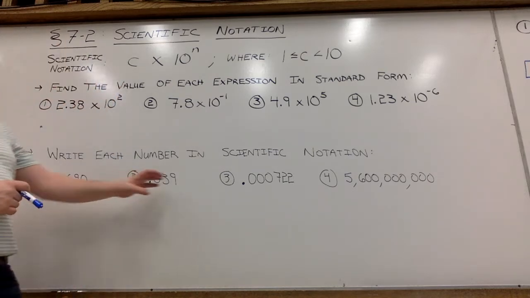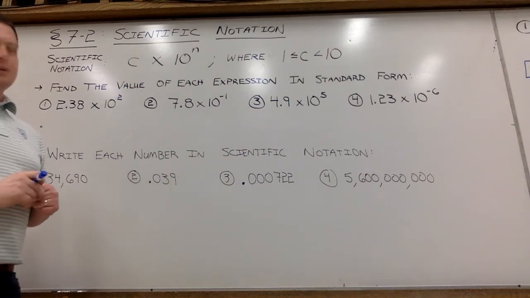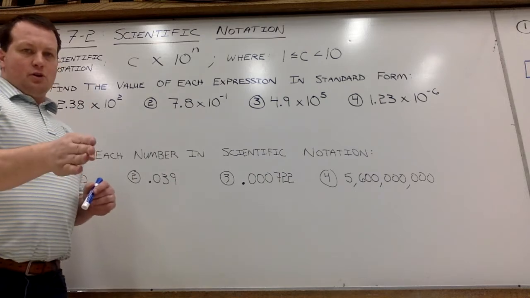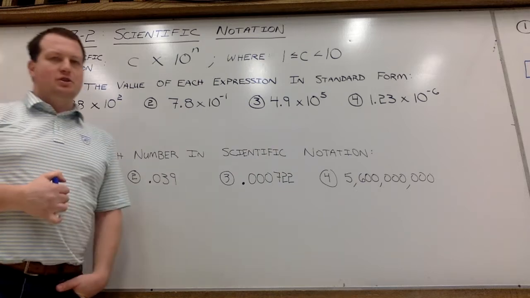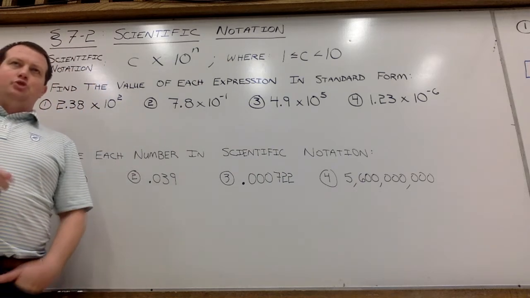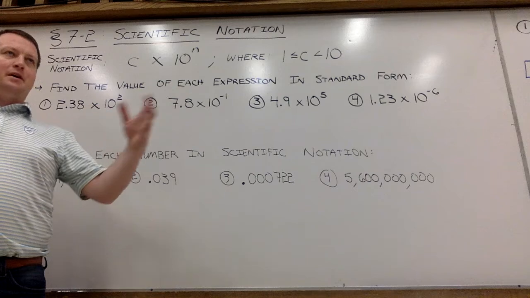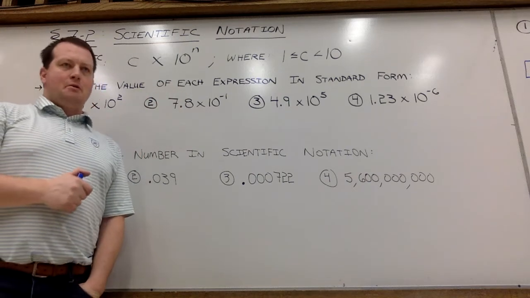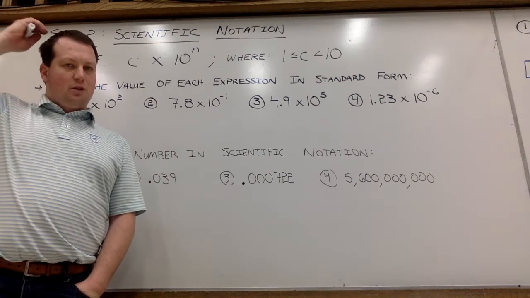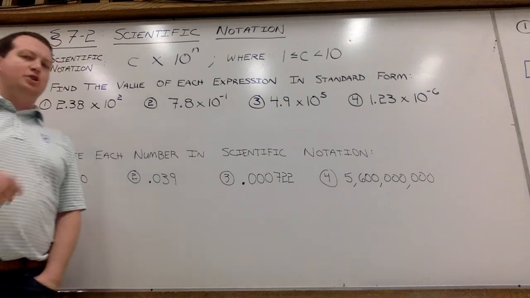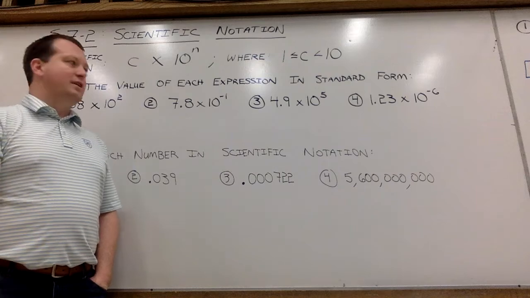If you're given a numerical value written in standard form as a number, you are going to want to write it in scientific notation. You have probably seen scientific notation before, and where it is used is to truncate or make a really large number, like the distance from Earth to another planet in feet or miles, a really large number, into a shorthand notation.